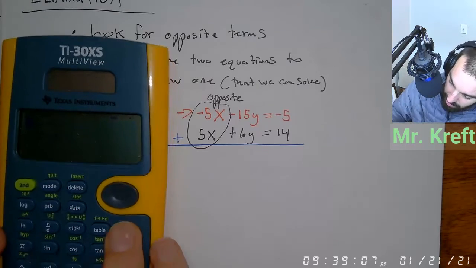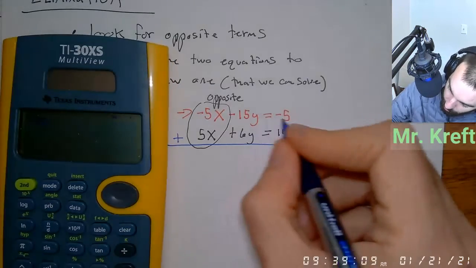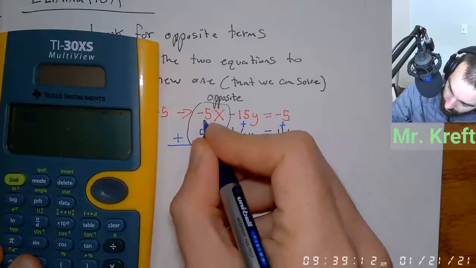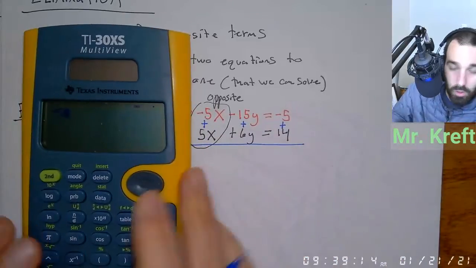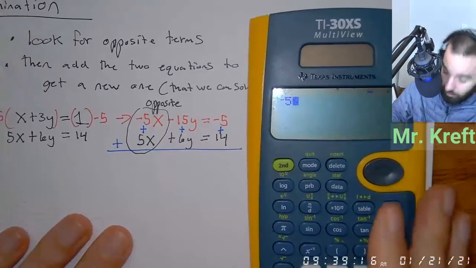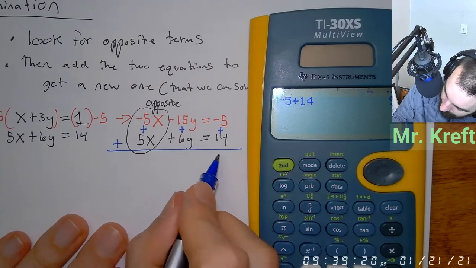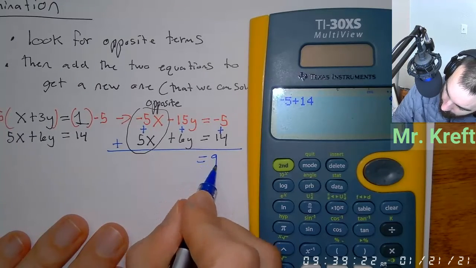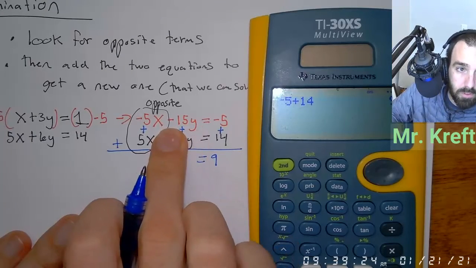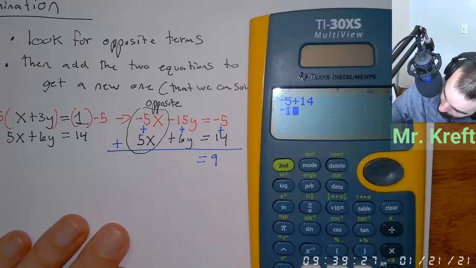So I'm going to make sure I don't make any mistakes this time. Remember, we add in columns. So I think it's better if the light's over here. So negative 5 plus 14. So I get 9. And then negative 15y plus, so I have negative 15 plus 6.